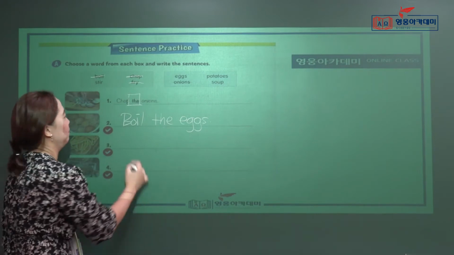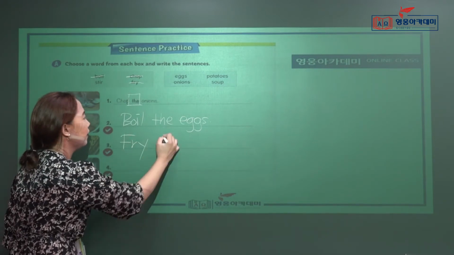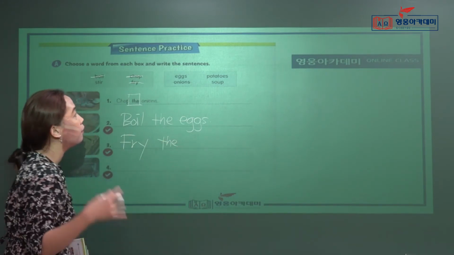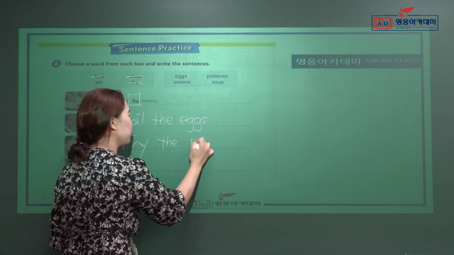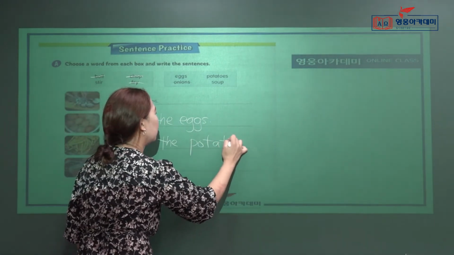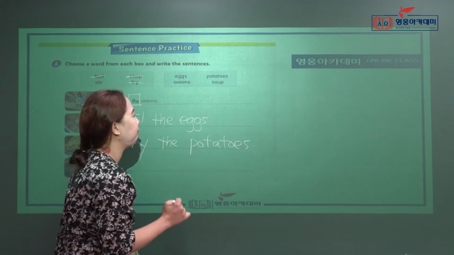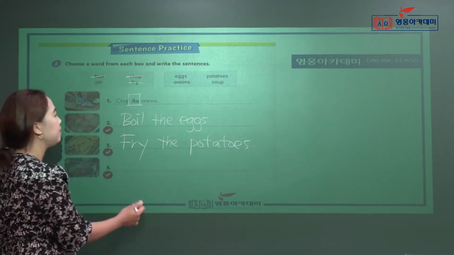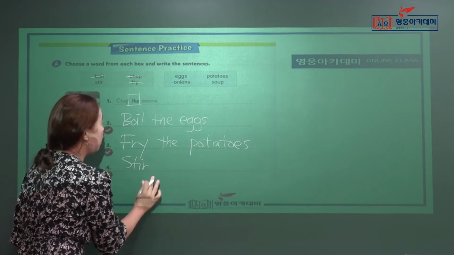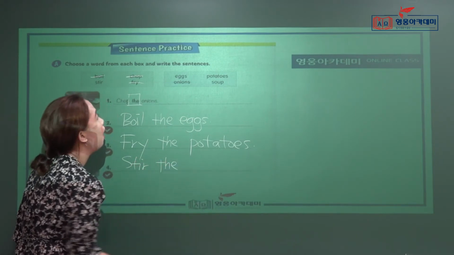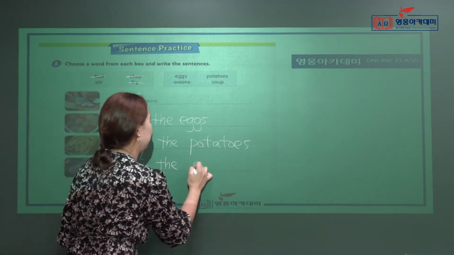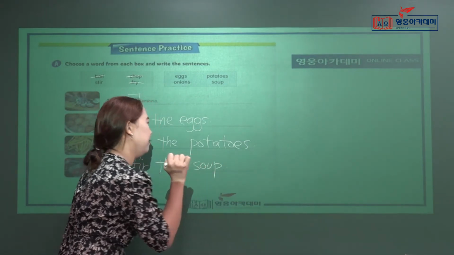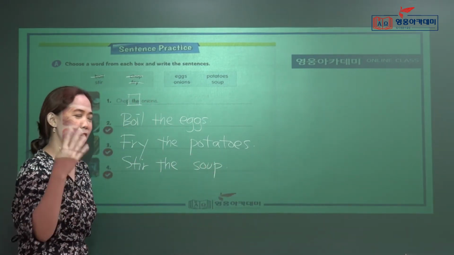You fry them. Okay, fry the potatoes. Next, number 4, what is this action? The last word is stir. Right, stir the soup. Good. Okay, complete your answers now, guys.